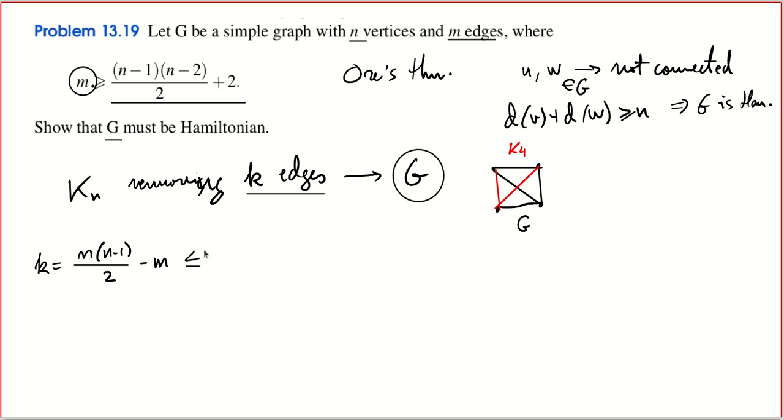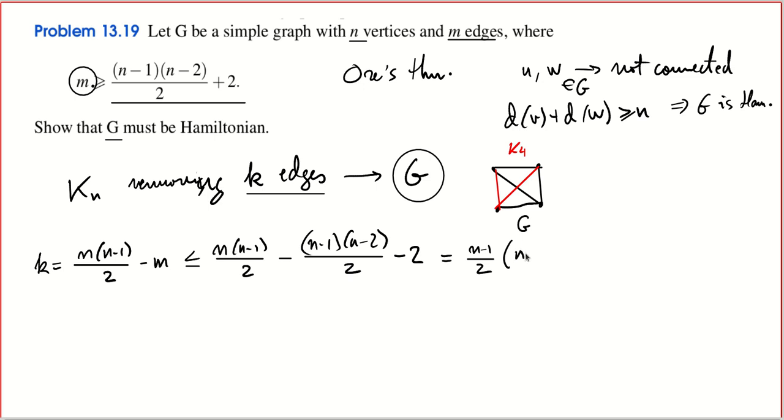So what we have is that k is smaller than or equal to this number minus this number here, which is n(n-1)/2 minus (n-1)(n-2)/2 minus 2. Now you see (n-1)/2 is a common factor of n and of n-2, and then we have minus 2 here.